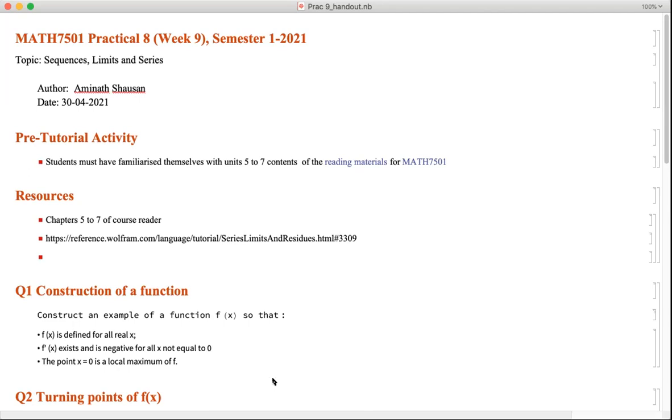f(x) equals 3x cubed plus 2x plus 5. Okay, let's plot that.